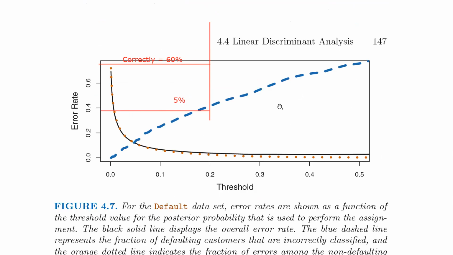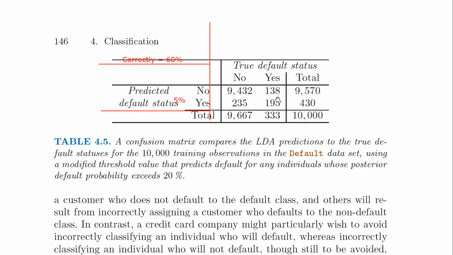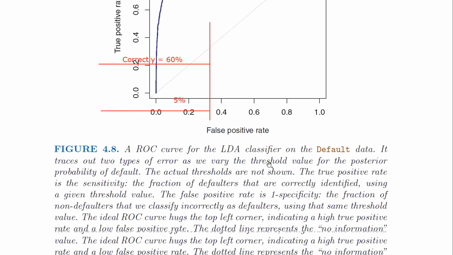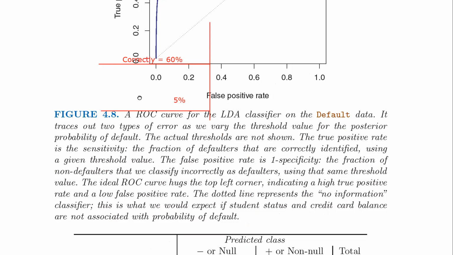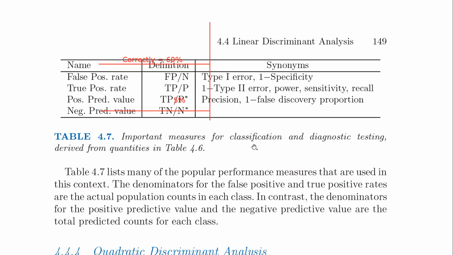So what does true positive rate mean? True positive rate means those that the model, from the yeses, from the defaulters, what the model really gets correct. 195 out of 333. Yeah, specifically it's 58.5%. So it's around 60%. And then we have the false positive rate, the fraction of non-defaulters that we classify incorrectly as defaulters.